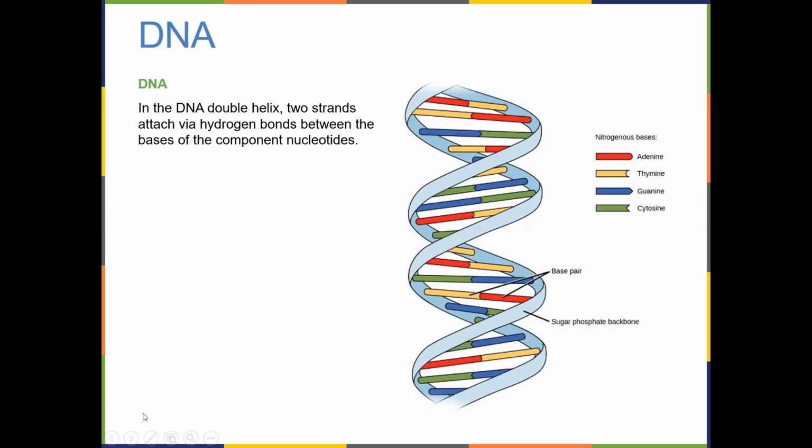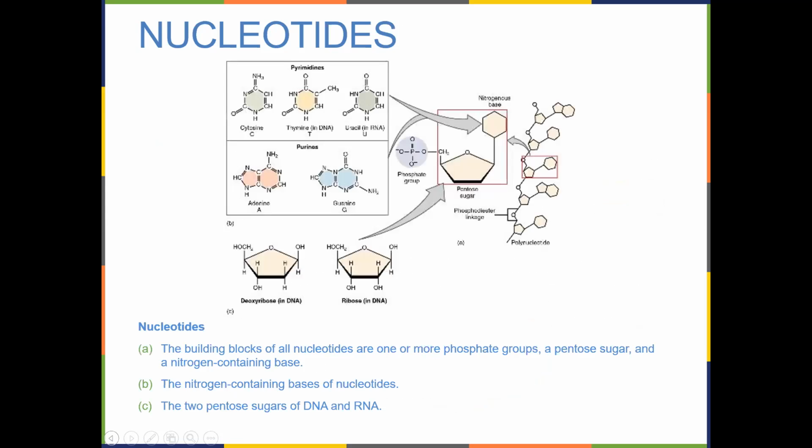So if we go back here and look at the nucleotide, there's the base right up here. There's the phosphate, there's the sugar, there's the base. And as these bases line up across from each other on the double strand, hydrogen bonds form from the adenine to the thymine, from the thymine to the adenine, from the cytosine to the guanine, and the guanine to the cytosine.